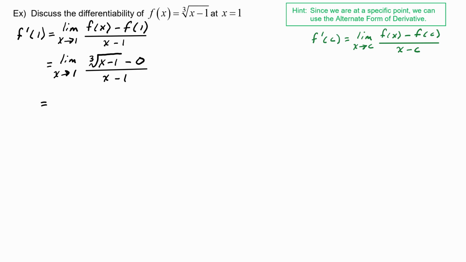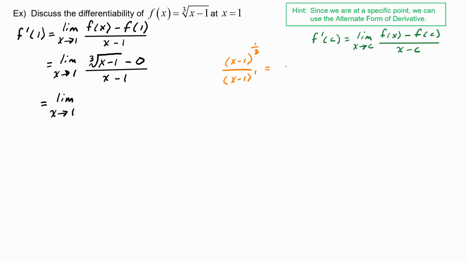Now this is going to simplify to be the limit as x approaches 1. Now here we have like terms. Let me write it in a simpler way. The cube root of x minus 1 is just x minus 1 to the 1/3 power, and then in the denominator we have x minus 1 to the 1st power.